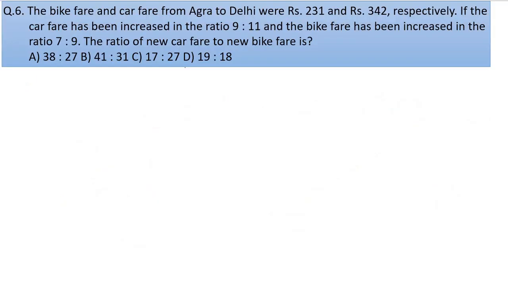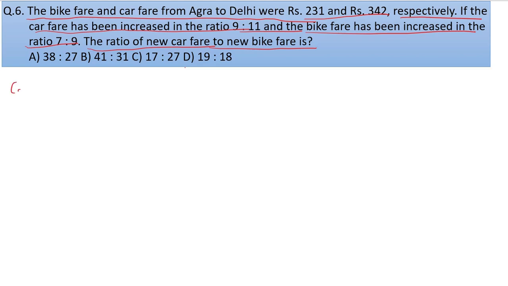The next question: the bike fare and car fare from Agra to Delhi were 231 and 342 respectively. If the car fare has been increased in the ratio 9:11, and the bike fare has been increased in the ratio 7:9, the ratio of the new car fare to the new bike fare is?